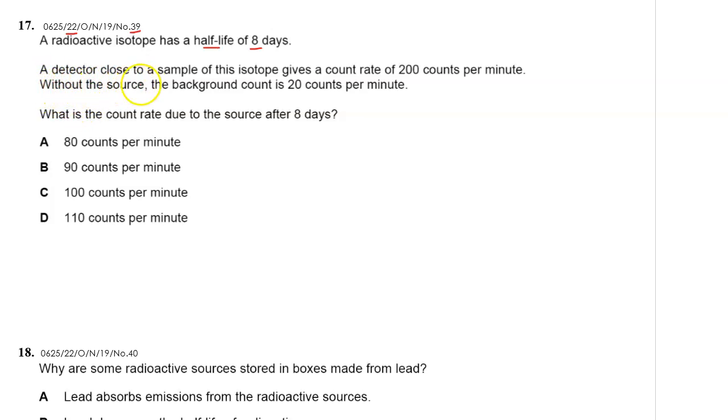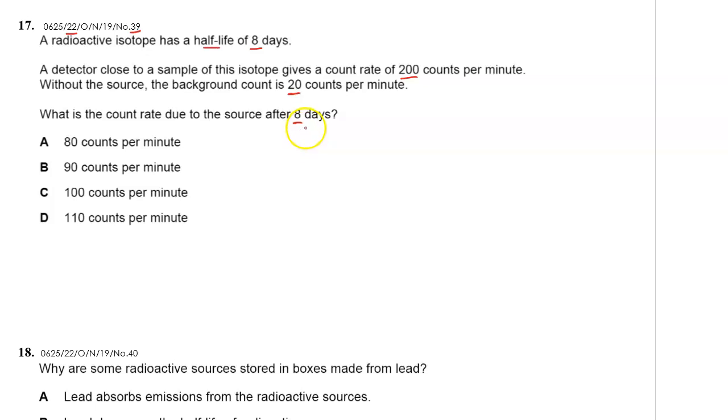A detector close to a sample of this isotope gives a count rate of 200 counts per minute. Without the source, the background count is 20 counts per minute. What is the count rate due to the source after 8 days? Okay, after 8 days. We are told half-life is 8 days.